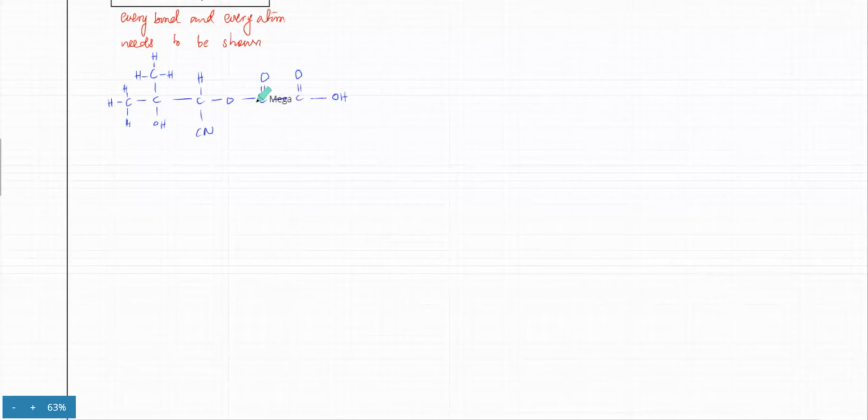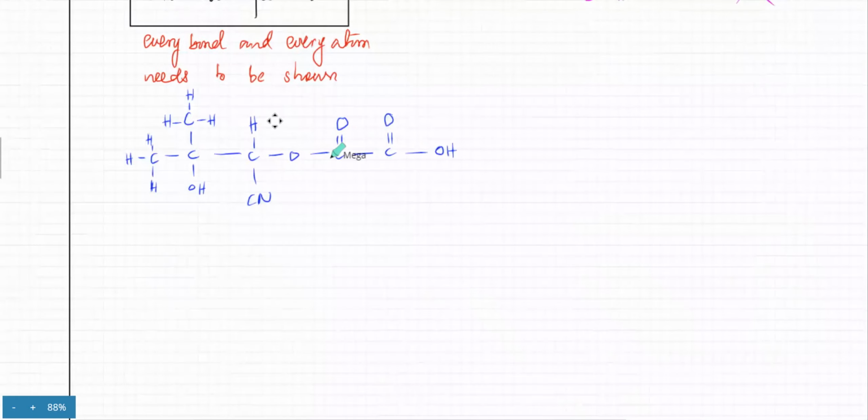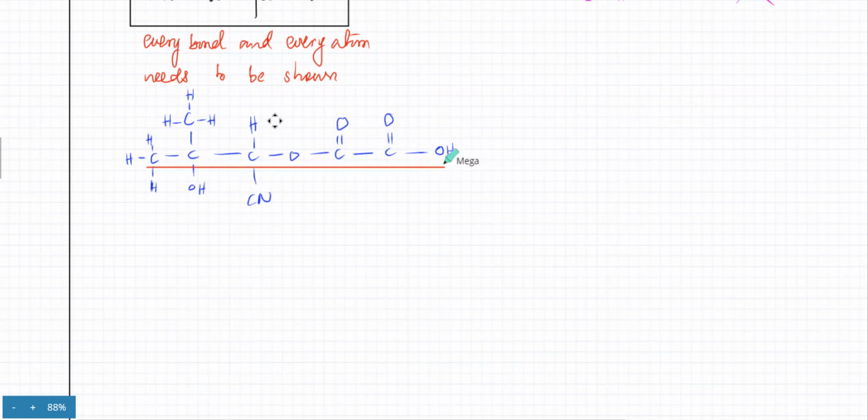To draw the condensed version, just move from left to right. Start condensing it. Just start following these carbon atoms. You could go from right to left as well. It doesn't really matter, but the convention is go from left to right. So the first one is C with 3 hydrogens. Then moving to the second one, the second one is C, but with 2 branches.